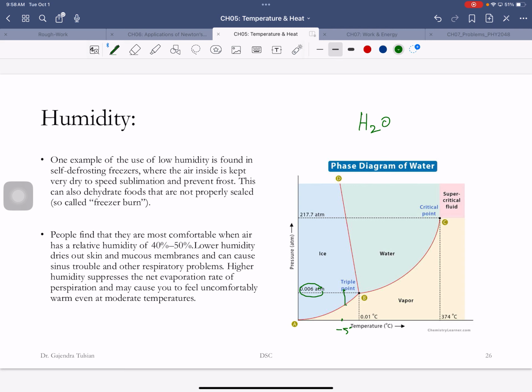If you decrease that pressure, it comes to this point, and now the ice can directly evaporate to vapor phase, and that's how you defrost it. You remove the moisture from the freezer, and then the ice goes directly to the gas phase. So that's how they defrost it.